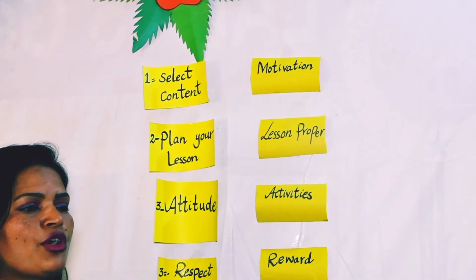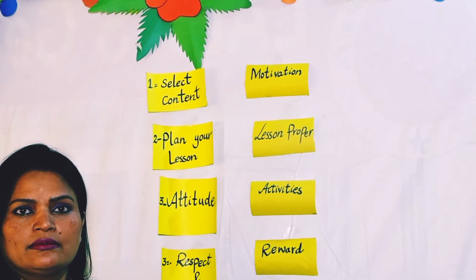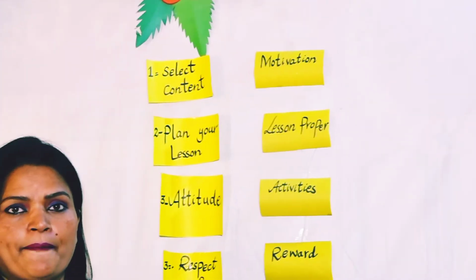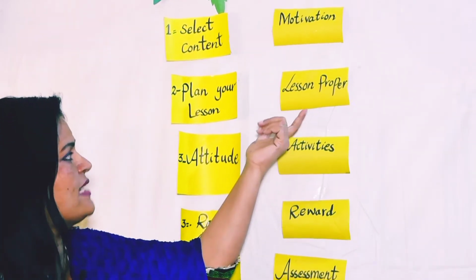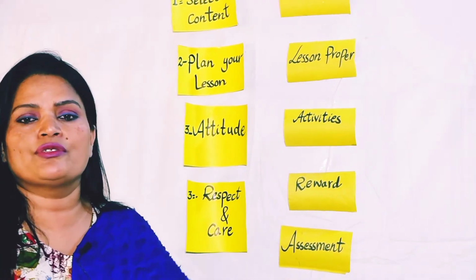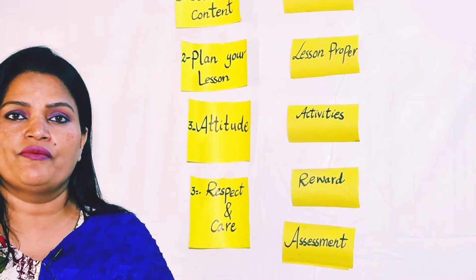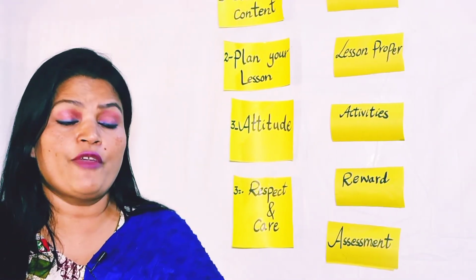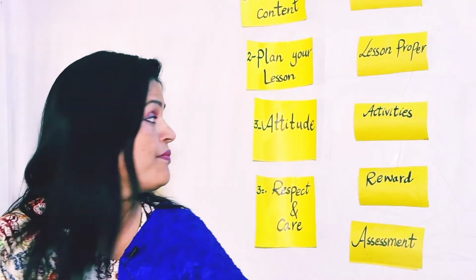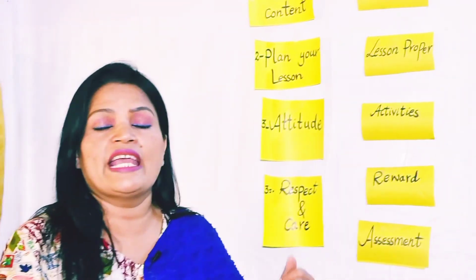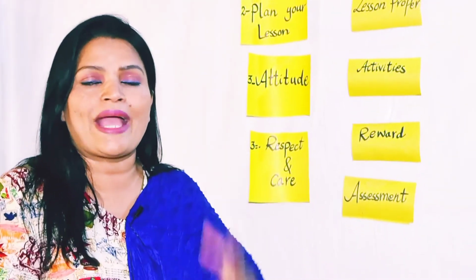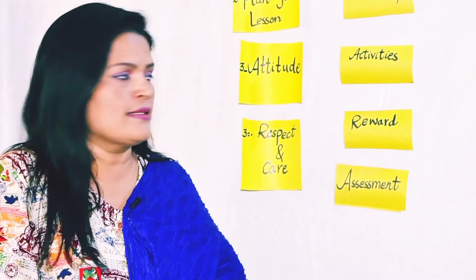Definitely we should motivate our children to learn the lesson, the topic we have brought for them. Then lesson proper. We have to deliver our lesson very widely, very nicely, very actively.